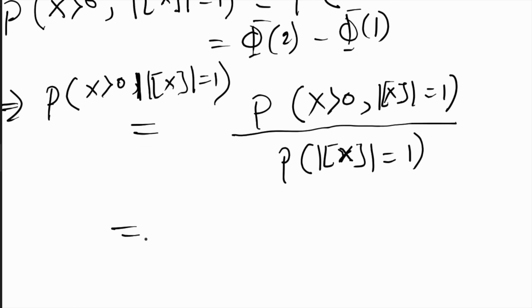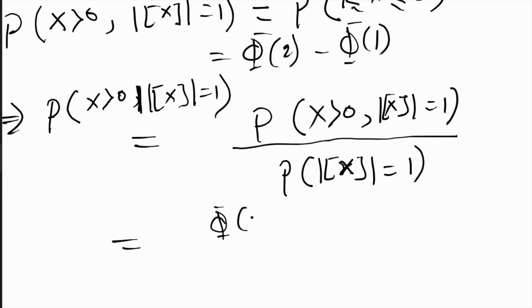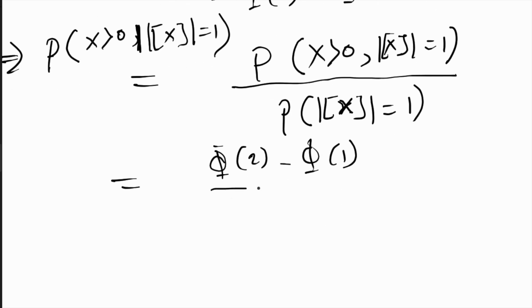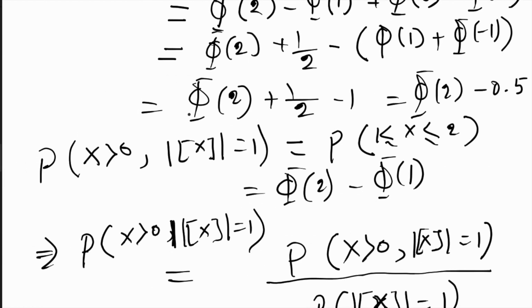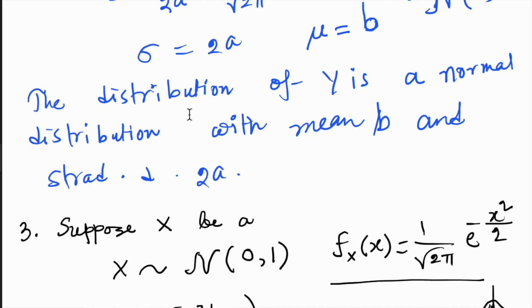If we put the value, this value is phi 2 minus phi 1, divided by this, which is phi 2 minus 0.5. So this is the solution for question 3.